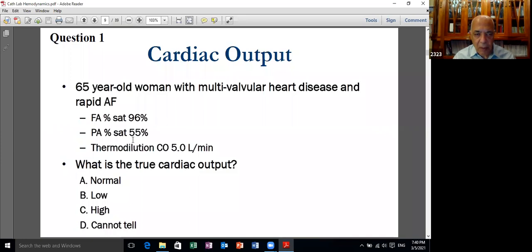If it decreases below 65, it means that the blood has been stagnating in the peripheral circulation, so more oxygen has been absorbed from it, and by the time it reaches the pulmonary artery, it's low, and therefore the correct answer here is a low cardiac output, and the discrepancy between the pulmonary oxygen saturation and the thermodilution cardiac output is because of the erroneous choice of the method by which we calculate the cardiac output.